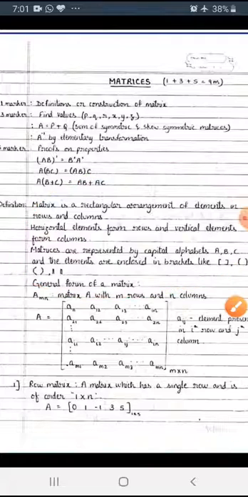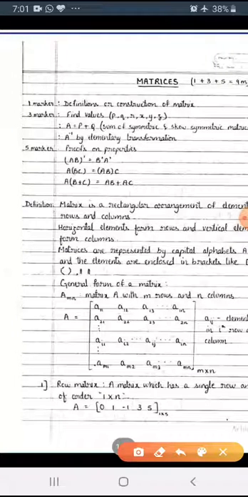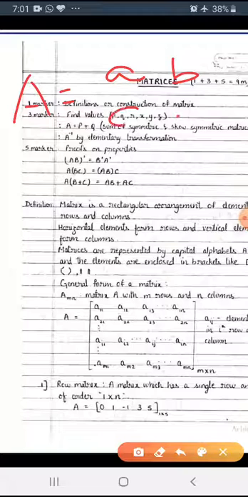Okay, now I am going to construct one matrix. See here, matrices are denoted by capital letters. So now I am giving one matrix, capital A equal to, and the elements I assume are a, b, c, d.